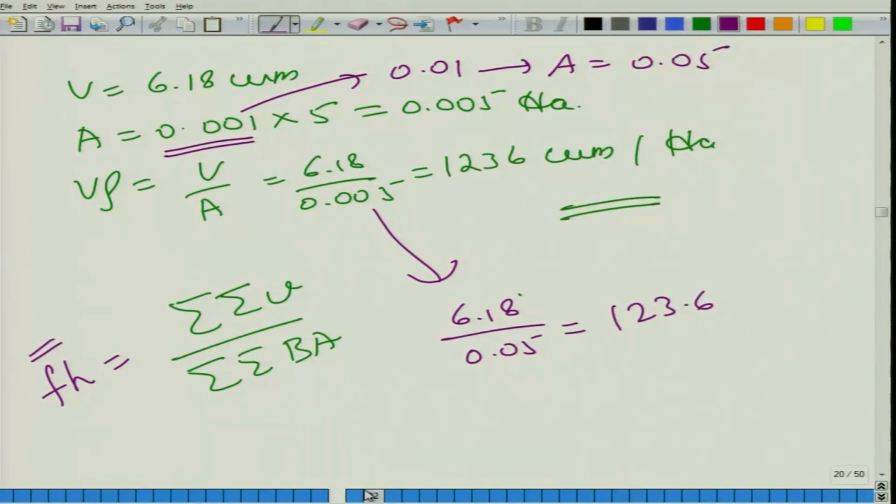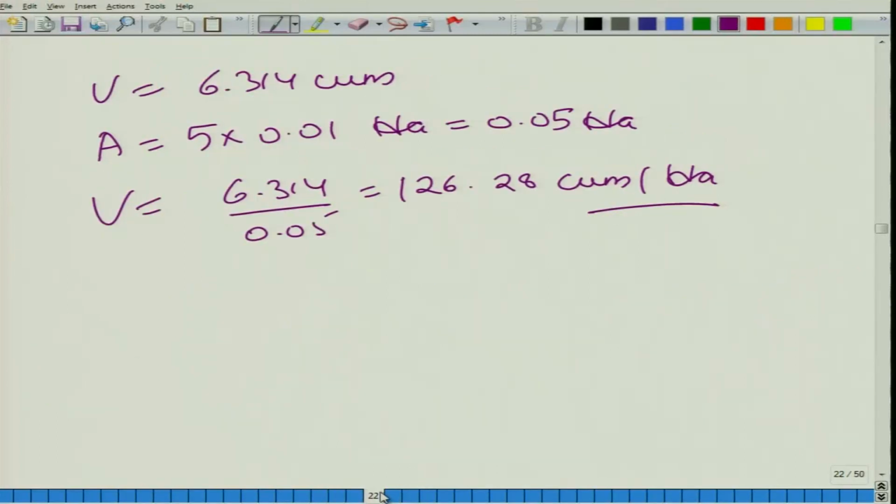So, in the current problem we have changed the areas of each of the sample plots. Here we have 123.6 cubic meter per hectare when we find it using the form height. When we use the regression equation, we get 126.28 cubic meter per hectare.